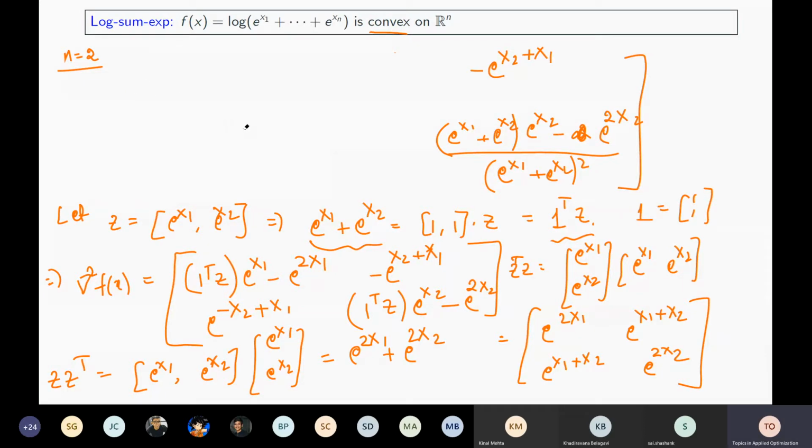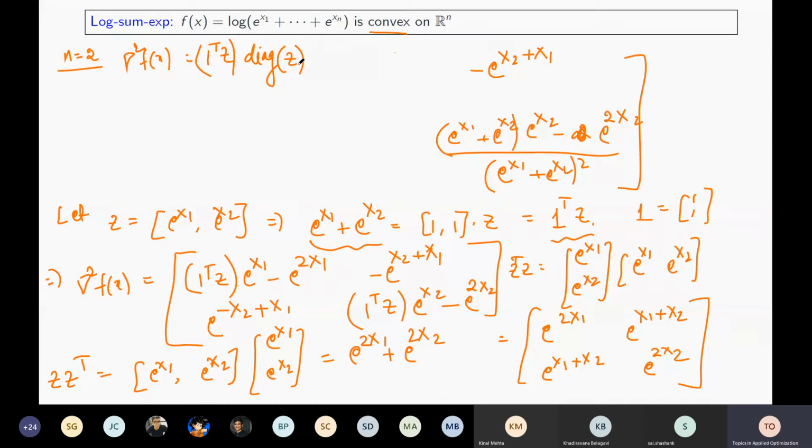So we notice that the Hessian, grad square f(x), can now be written as 1 transpose z times diag of z.